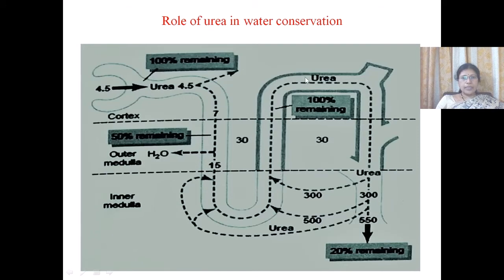In the collecting duct, the urea is absorbed along with water. These mechanisms enable the formation of a high osmolar urea gradient in the renal medulla, and this is responsible for the high concentration in the urine.